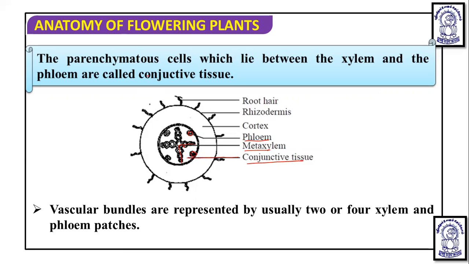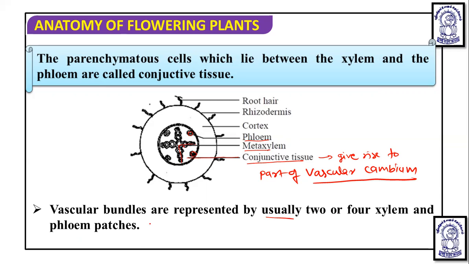Before that, remember that conjunctive tissue also gives rise to part of the vascular cambium, although they play a role in the formation of vascular cambium, that we can say. Okay, vascular bundles are represented by usually 2 to 4 xylem and phloem patches, but there can be 2 to 6 vascular bundles.